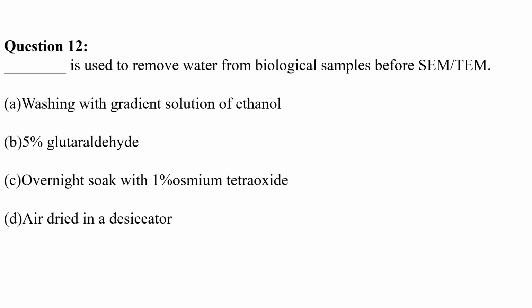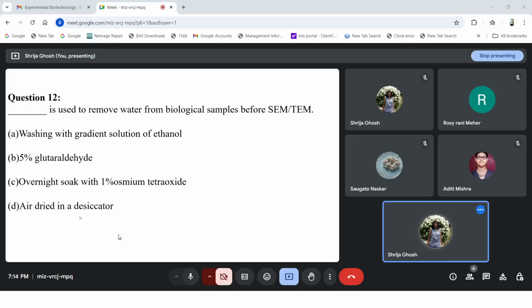Option B, 5% glutaraldehyde. Option C, overnight soak with 1% osmium tetroxide. And option D, air dried in a desiccator. How do you remove water contamination from biological samples? How to remove water from biological samples?